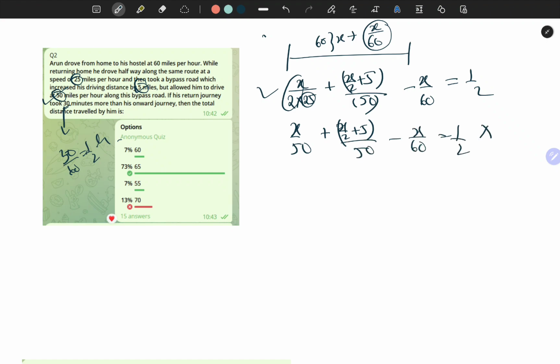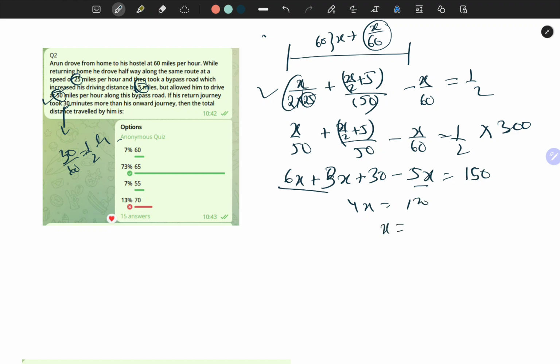Let's multiply 300 on both sides. So this will be 6x by 2, which is 3x, and 6 into 5 is 30, minus 5x equals 150. On solving, 9 minus 4x equals 120, so x equals 30.